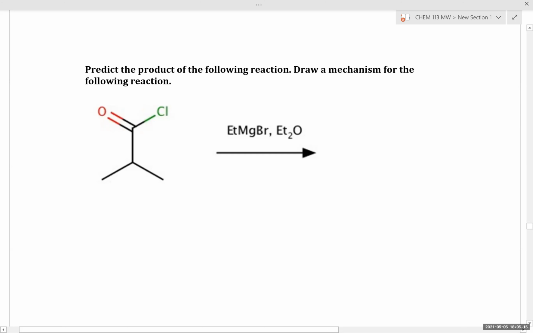So as we work through this example, does anyone have any questions that I can address? Would anyone like to try to share their proposed mechanism for this reaction? If not, let's keep working through this example.